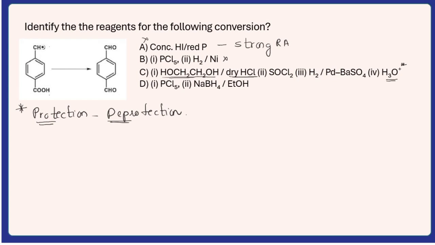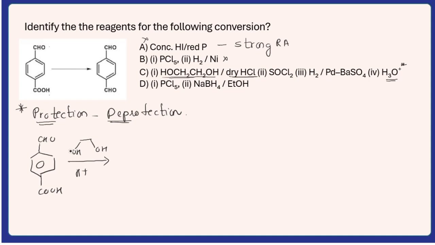So let's protect this. How do you protect this? Usually with a diol. So take the aldehyde and the carboxylic acid, whatever molecule is there, and this is a diol. I am going to write it like this, a bond line structure, because it's much easier this way, and we usually do it in the presence of a catalyst like acid.